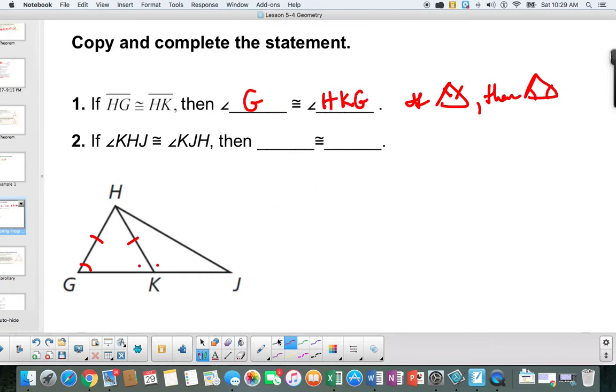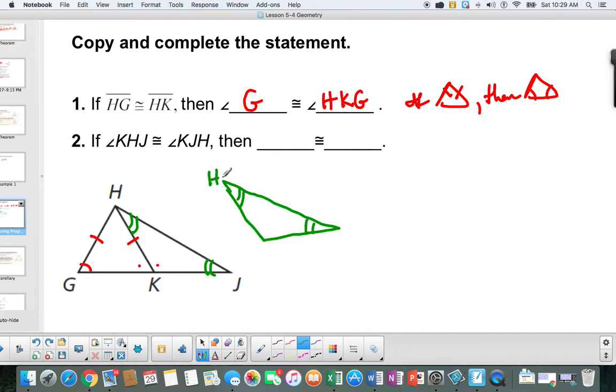All right, now I'm going to change color. We have KHJ, which is this angle, is congruent to KJH, which is this angle. So let me go ahead and draw it separately here. What we have is this angle congruent to this angle.